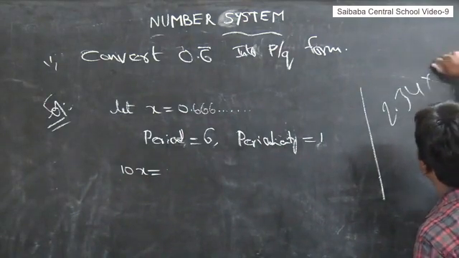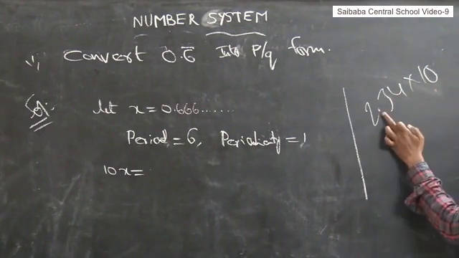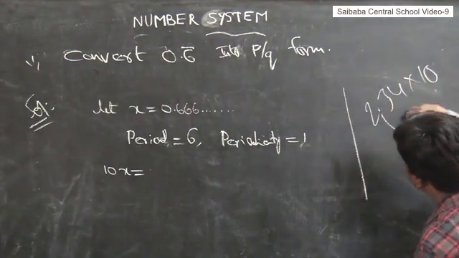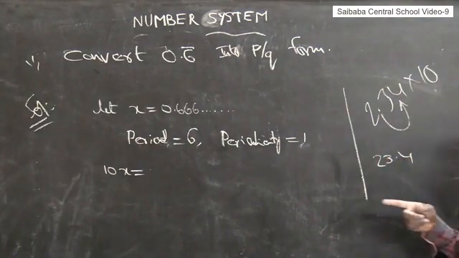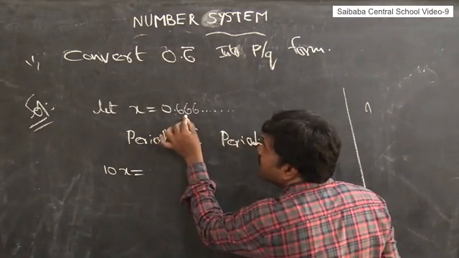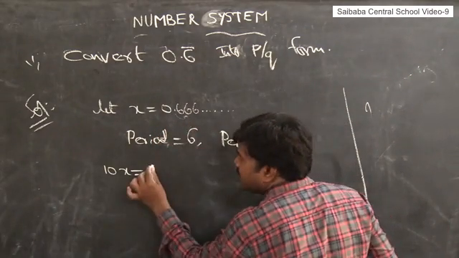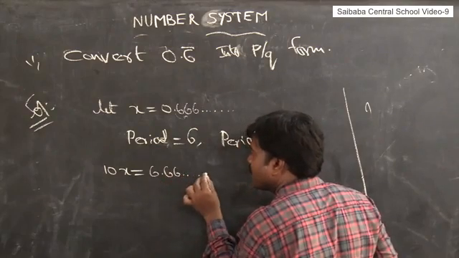Already you know, 2.34 into 10. Multiplication by 10: you know this concept. The decimal point will go one place to the right, so 23.4. Like this, now the decimal point will jump to this place, then 6.66 and so on. Okay.